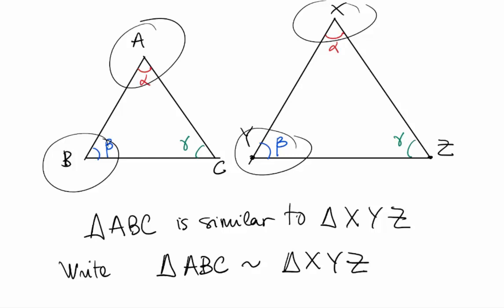Again, order does matter when you are listing the order in which the vertices of two similar triangles are appearing.